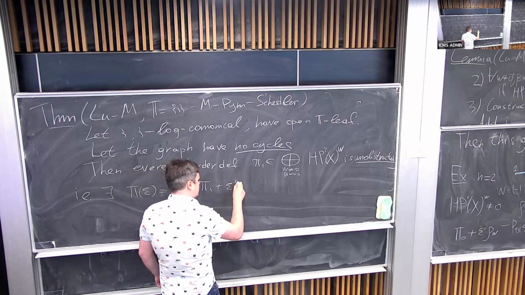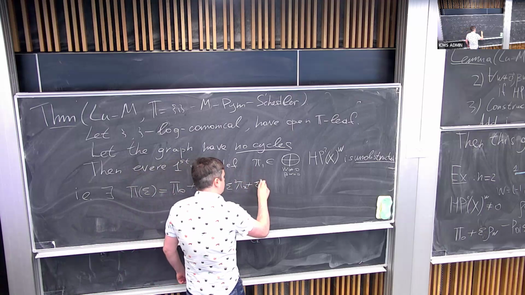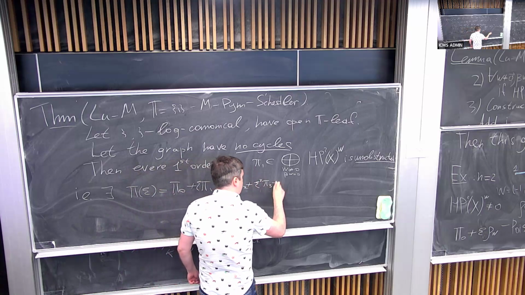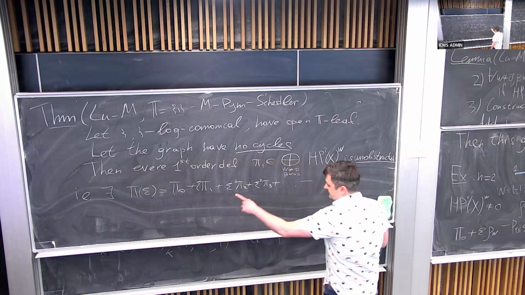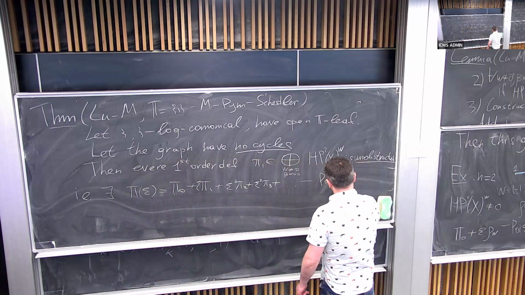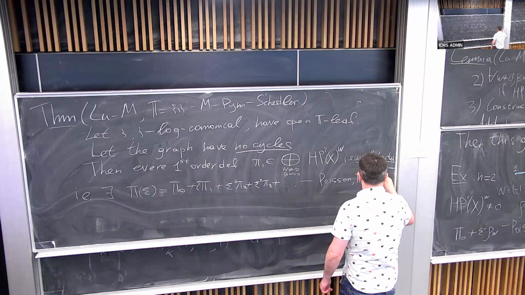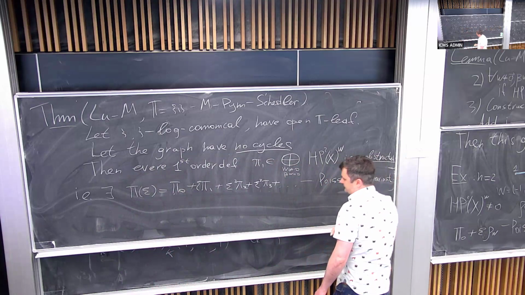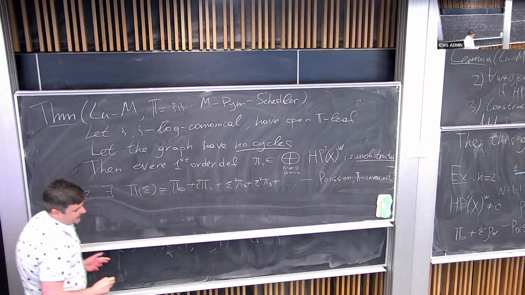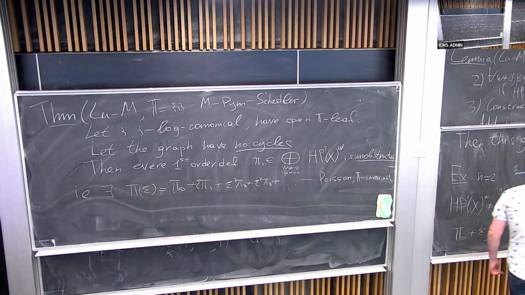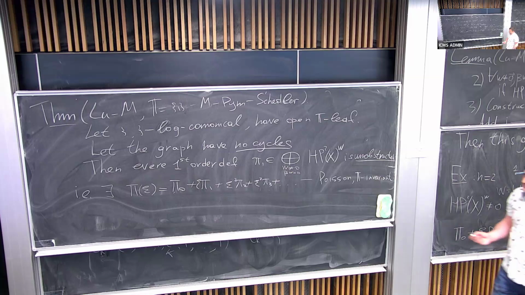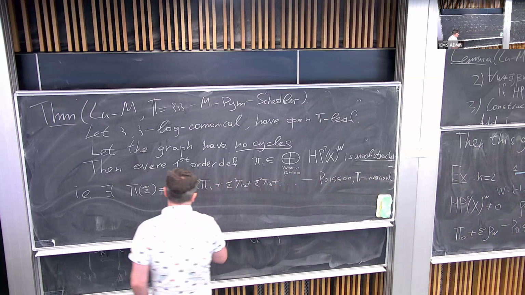It also has higher order terms, and this power series is Poisson and also T invariant, where pi zero is the log canonical. Such a power series is essentially unique for a given pi one, up to a change of variables that might involve epsilon as well.